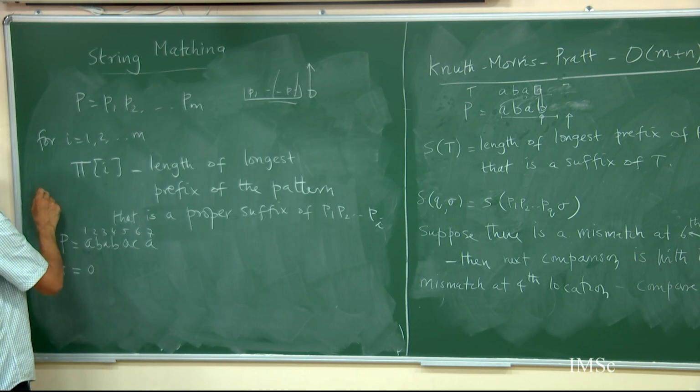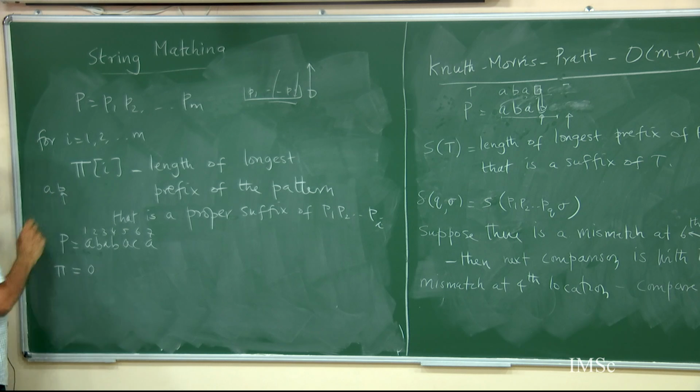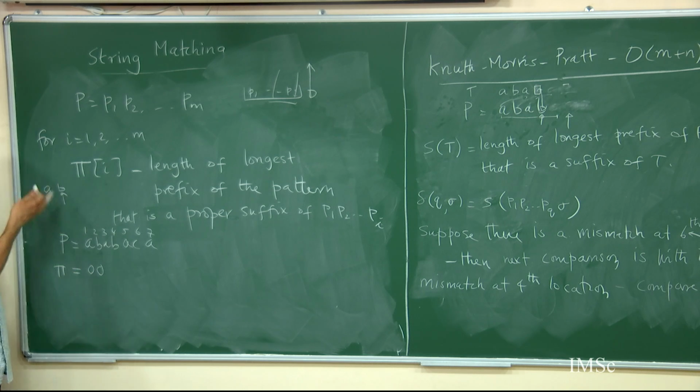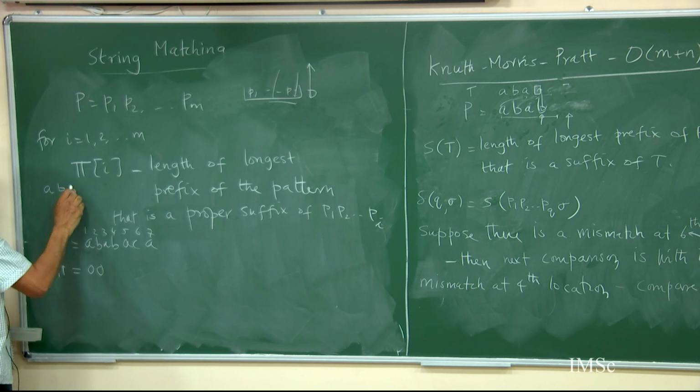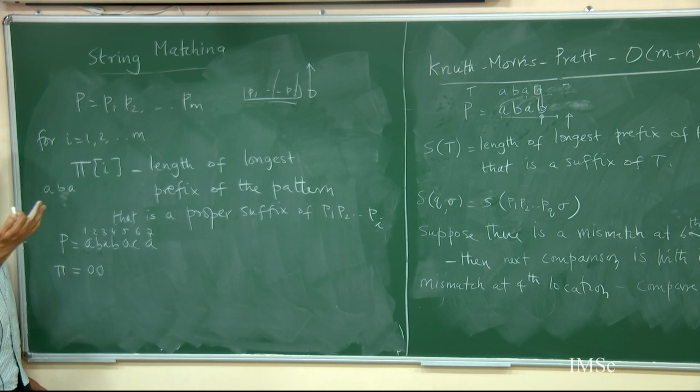I is 2, so I am looking at this, and I am looking for a proper suffix. B is the only proper suffix, and that is not a prefix of the pattern. So that is 0. Empty string is another proper suffix. So now I look at ABA. What are the suffixes here? ABA, BA, and A are the 3 suffixes.